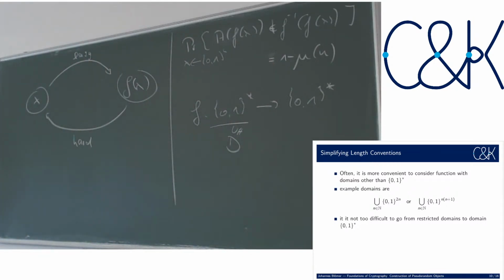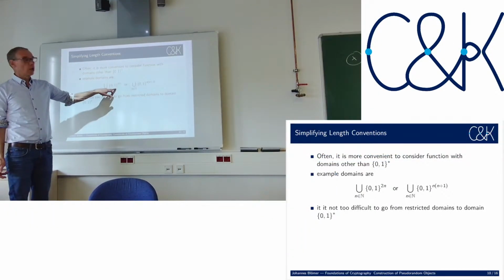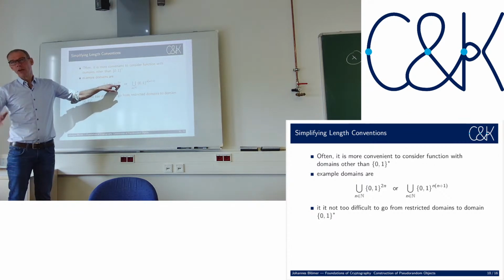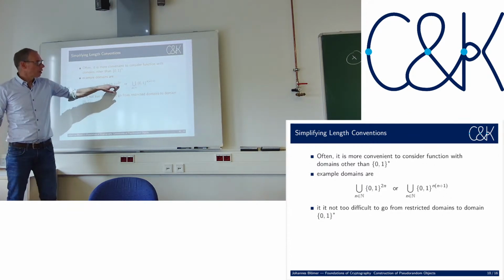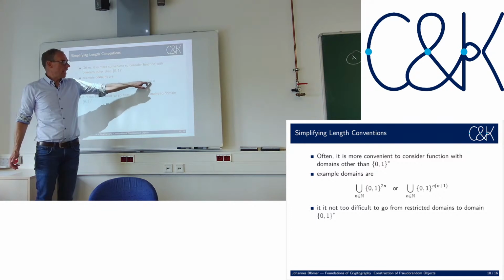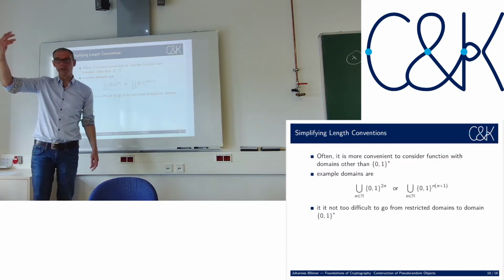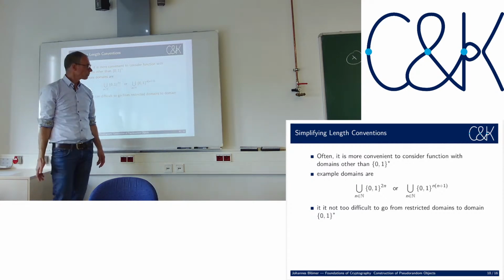So example domains are where the function is only defined on bit strings that have an even length and not on odd length, or where the length is n times n plus 1. So it's roughly n for squares. Okay.